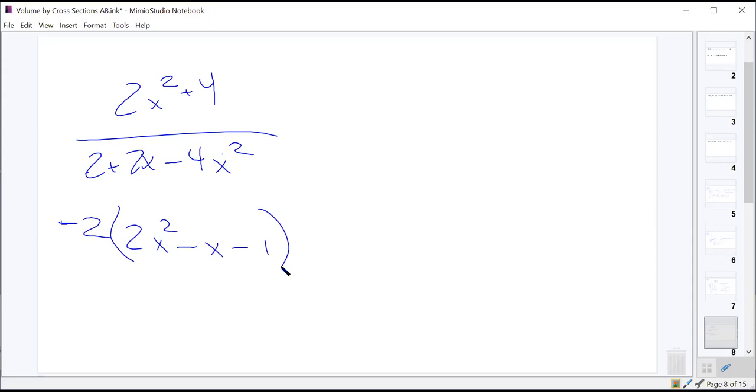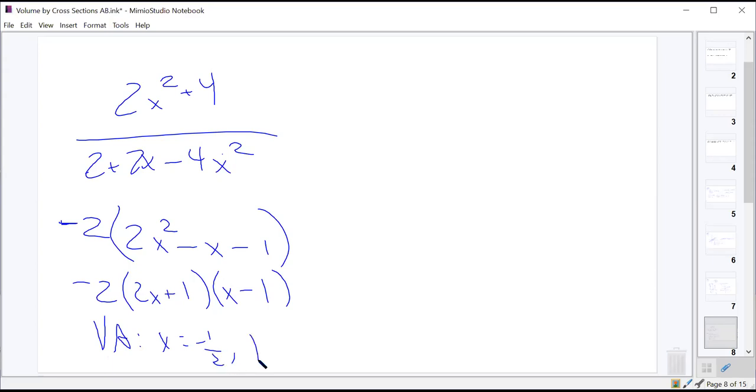And then we'll factor that, which, what do we want there? We'll minus here and plus there. So we see that as vertical asymptotes at -1/2 and 1.